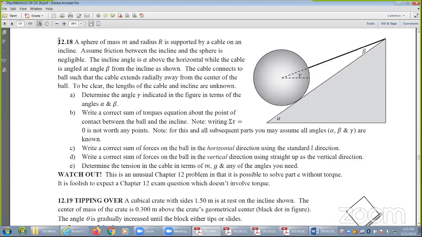A sphere of mass m and radius r supported by this cable on an incline. Assume the friction between the incline and the sphere is negligible. Okay, got it. Incline angle is alpha. The cable connects to the ball such that it exits.